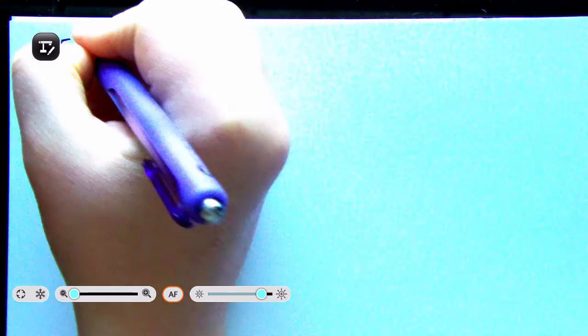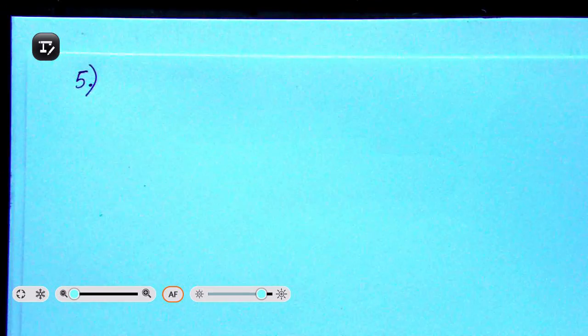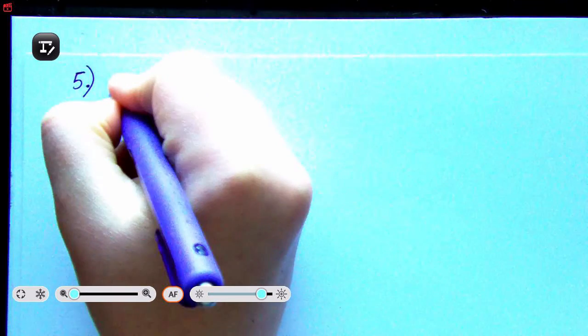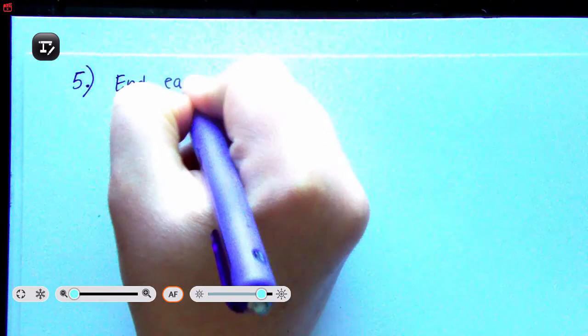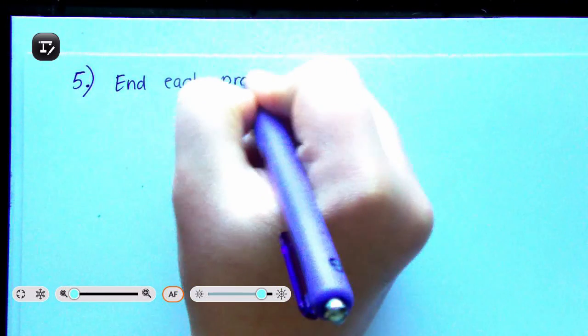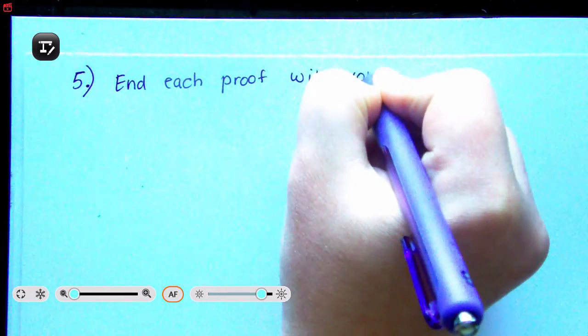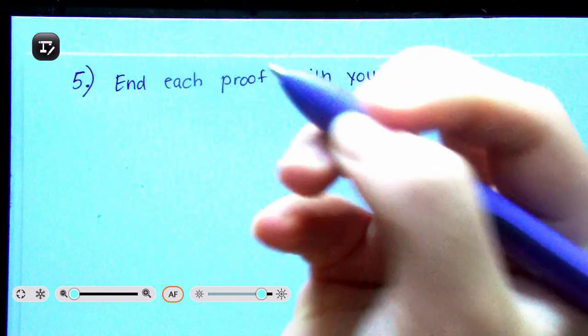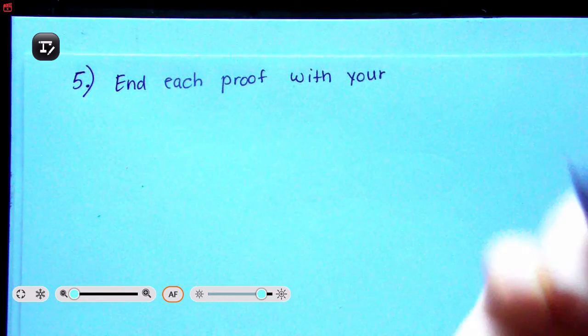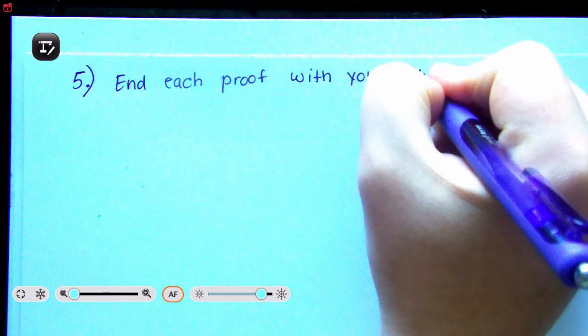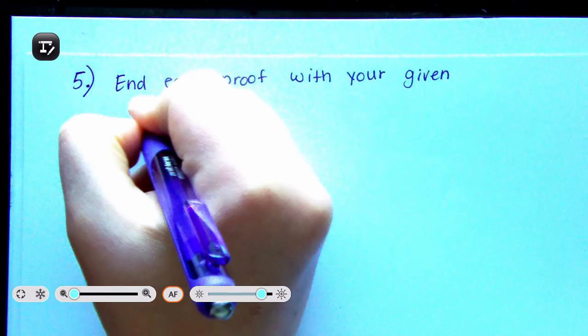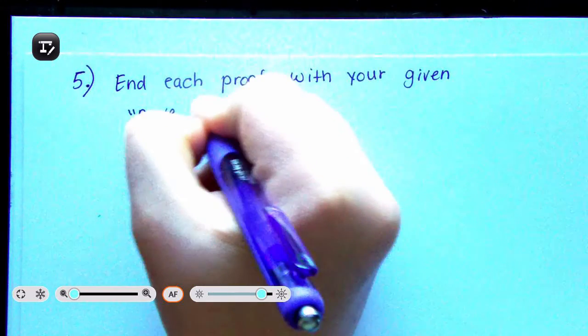You're going to end each proof with your given proof statement.